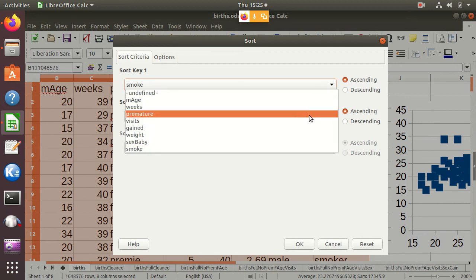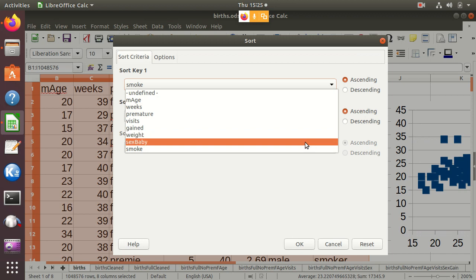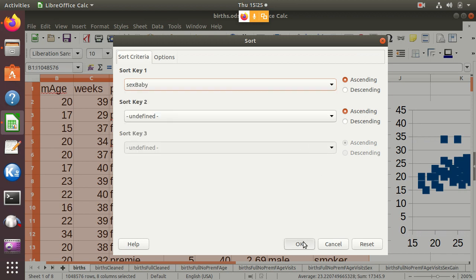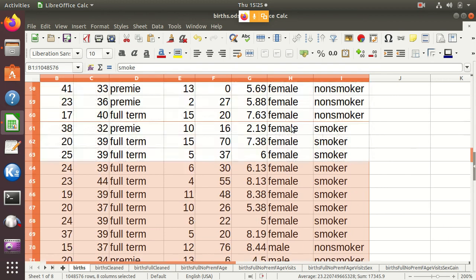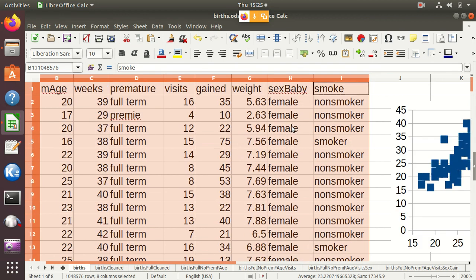I did, at one point to work with that, but, sex of the baby, I say okay. And so now all these female, I just went in and changed them to zeros. Now, not on the original data, on a copy of the data, but I changed them all to zeros. That was the base case, and then changed the males to ones, did the same thing for smoking and premature and full term.